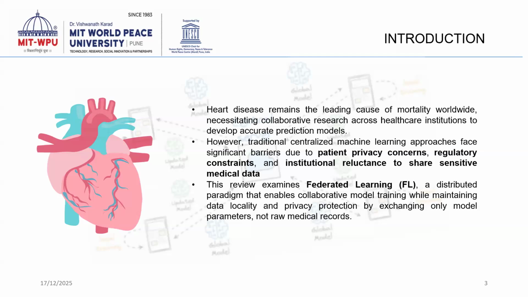Centralizing such data also increases the risk of large-scale data breaches. To address these challenges, this review explores federated learning, a distributed learning paradigm that enables institutions to collaboratively train models without sharing raw patient data, thereby preserving privacy.